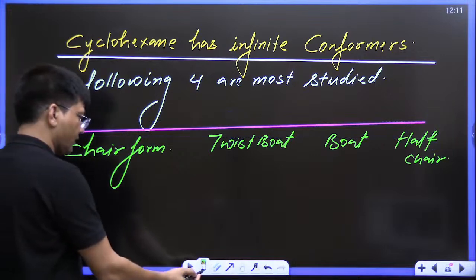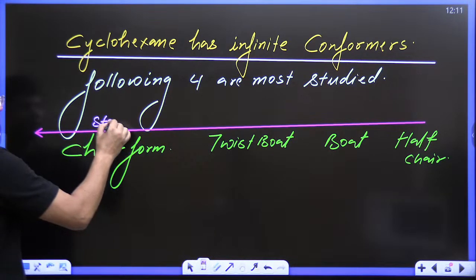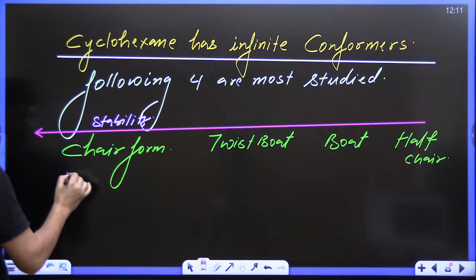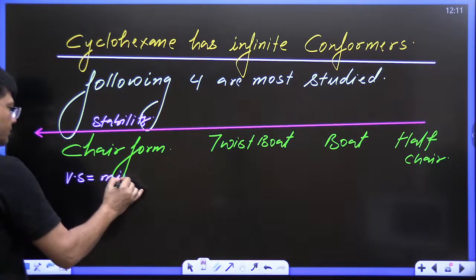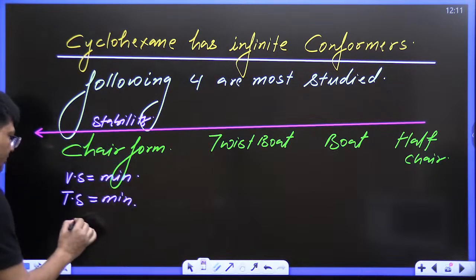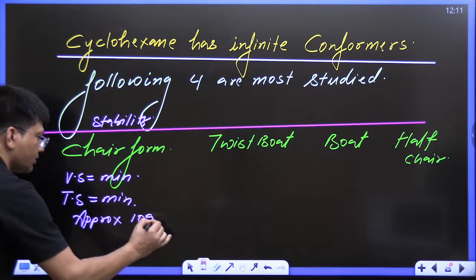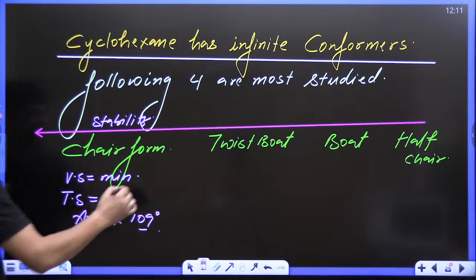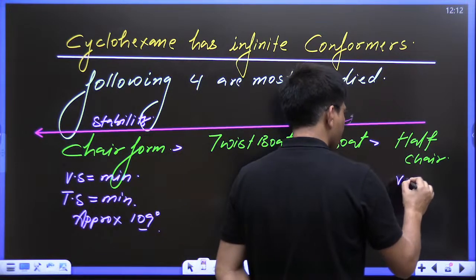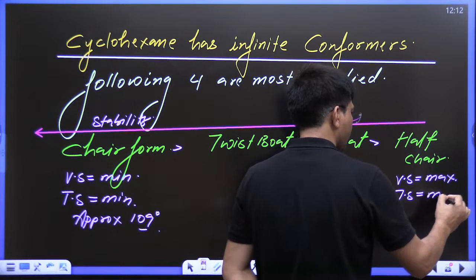Although it is going to form infinite conformers, the chair is maximally stable. Why is it maximally stable, kids? Because the chair form has minimum van der Waals strain and minimum torsional strain, because the chair form has an approximately 109-degree tetrahedral bond angle. Twist boat, half chair: half chair has maximum van der Waals strain and maximum torsional strain.